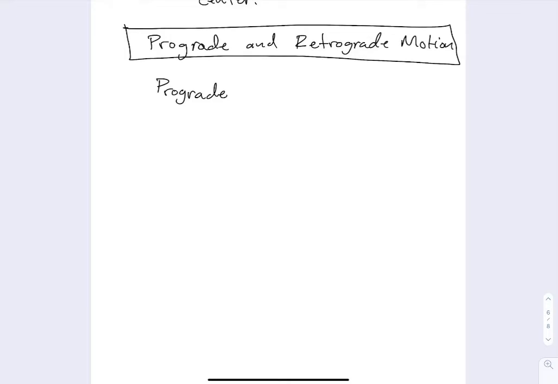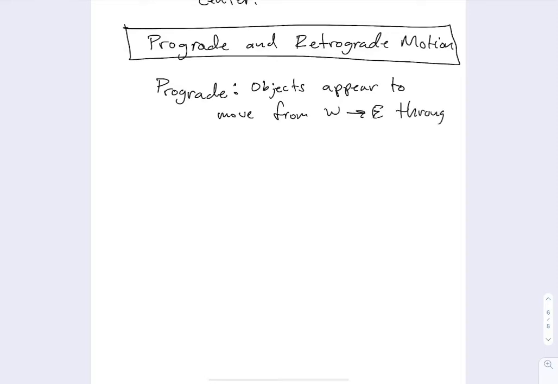Prograde motion is another type of apparent motion. It's when we can say that objects appear to move from west to east through our sky.